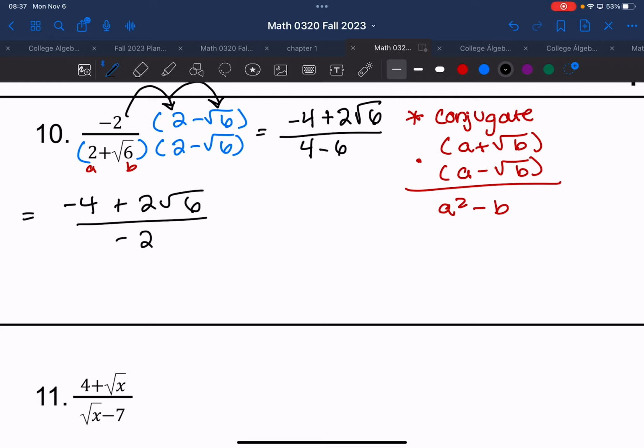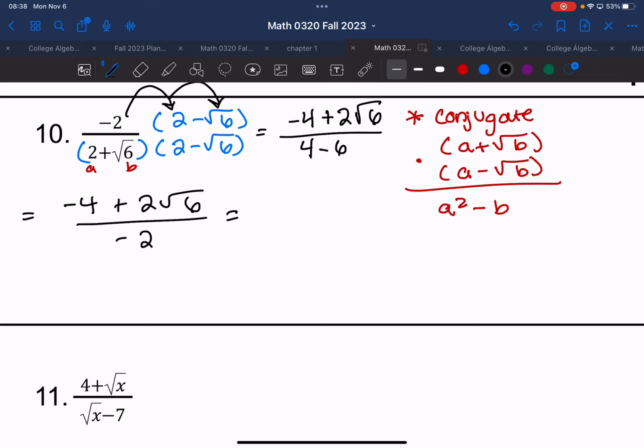Looking at the numerator, can we take out a GCF between negative 4 plus 2 square roots of 6? Yes. What's the GCF we could take out? It's either 2 or negative 2. I don't know which would be more beneficial. Okay, so that's a good point. It could be 2 or negative 2.